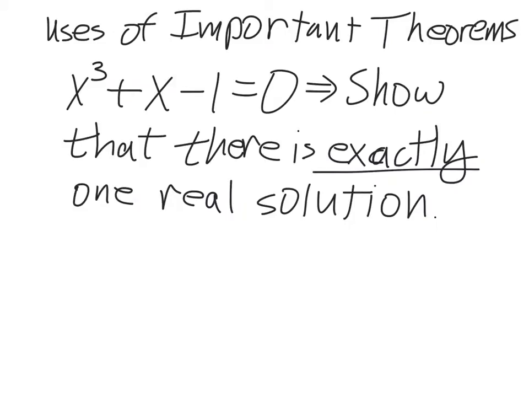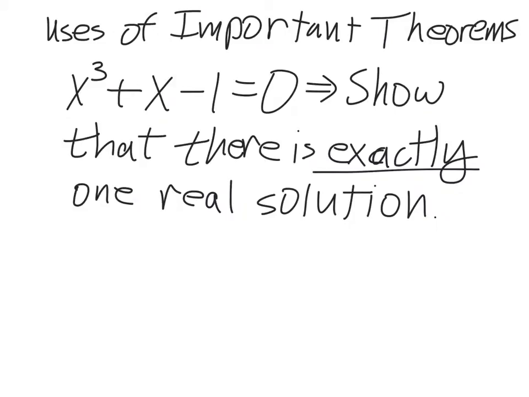Now, we do throw in real solution because there could be, and actually theoretically there will be, two other solutions, but they're complex solutions. You remember our quadratic equations, sometimes we end up with complex values, square roots of negative numbers give us the i. We'd have plus or minus i as part of that solution.